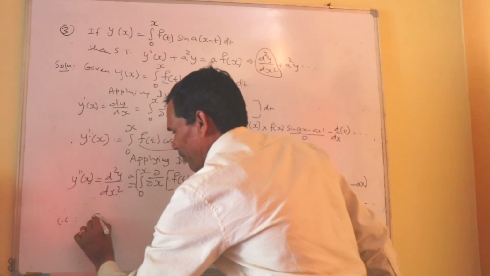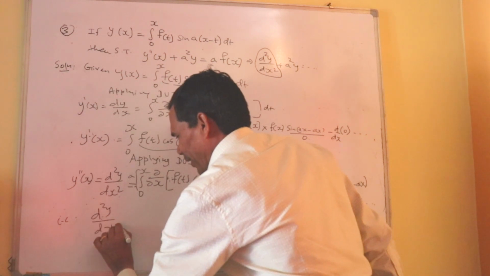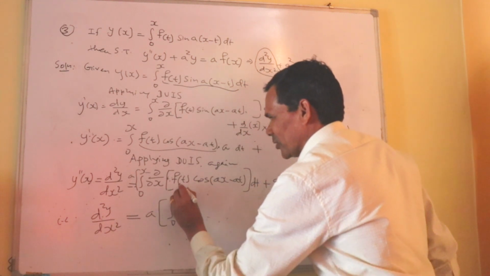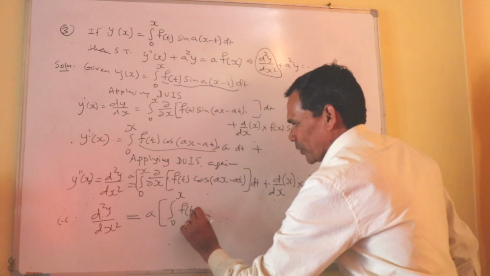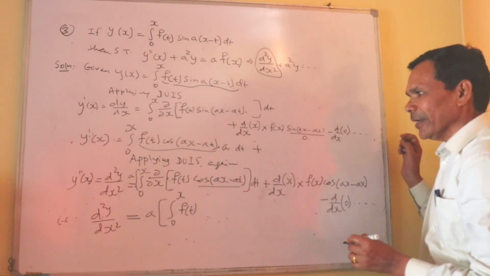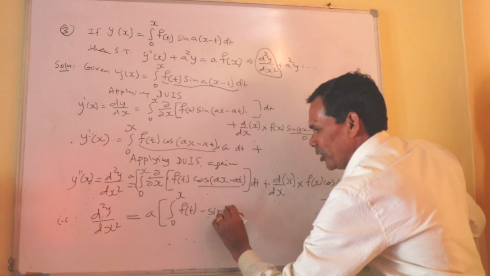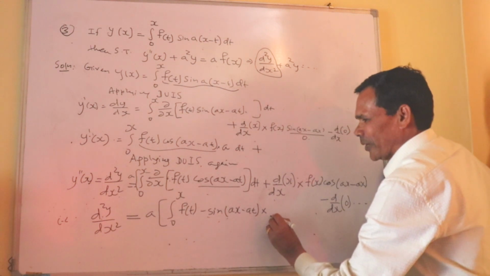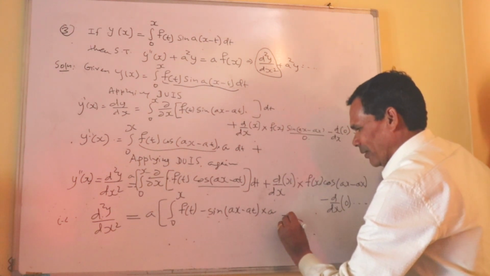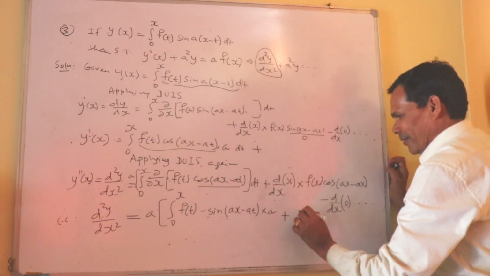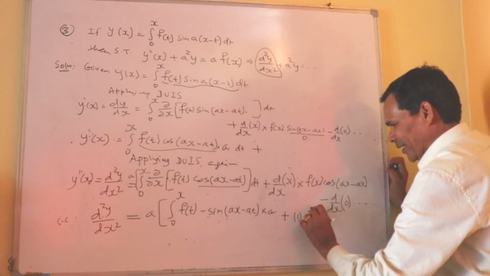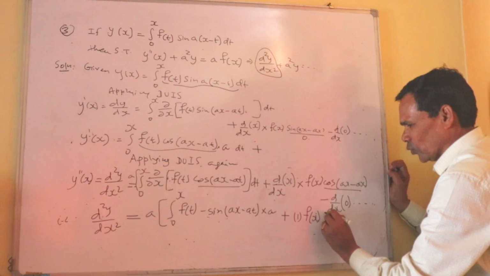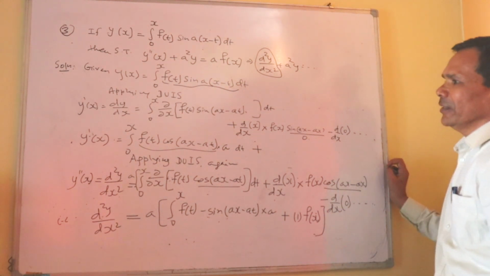That is d2y by dx square equal to a times the bracket: integral from 0 to x of f(t) and the derivative of cos, which is minus sine of a(x minus t) into the derivative of a(x minus t) with respect to x, which is a, and plus f of x multiplied by cos 0, which is 1, so need not be considered.